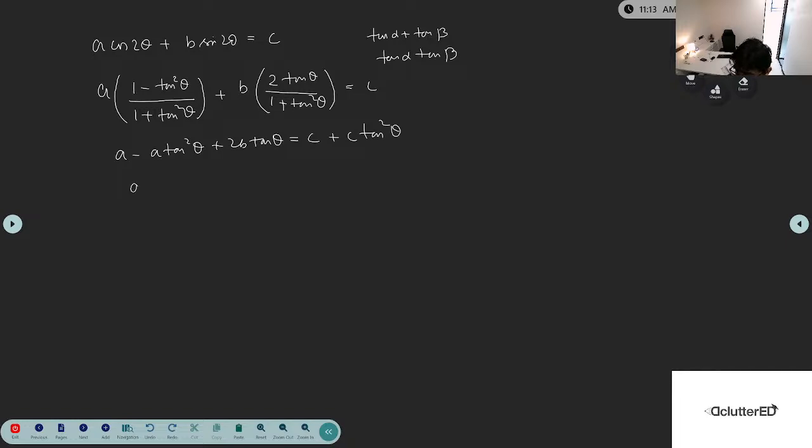Then I have (A plus C) tan squared theta minus 2B tan theta plus (C minus A) is equal to 0.